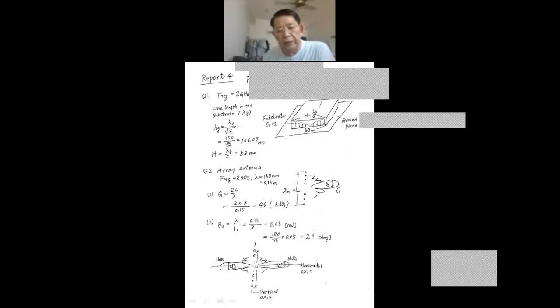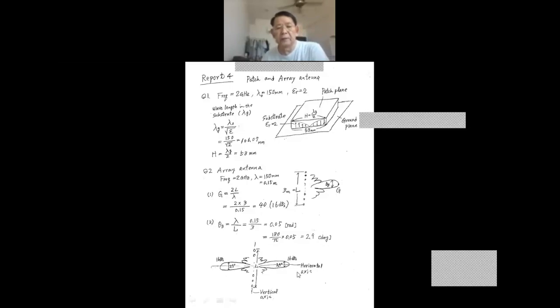From this array antenna, the peak point is uniform in all the horizontal plane, 360 degree in the horizontal, this pattern is the same, and the vertical angle is 2.9. So this is a very narrow angle. However, radiation happens in all the horizontal plane.